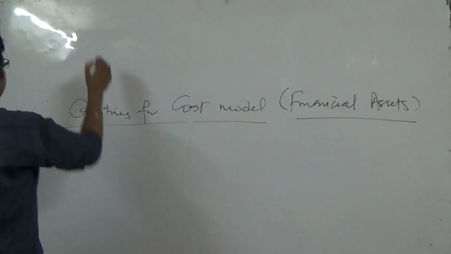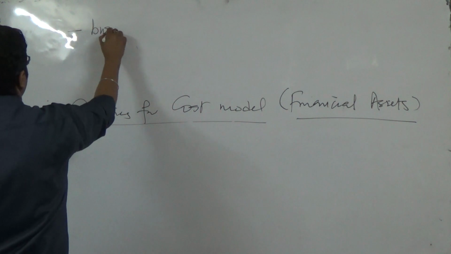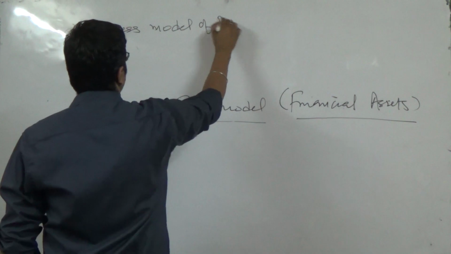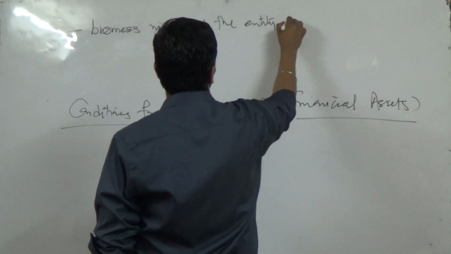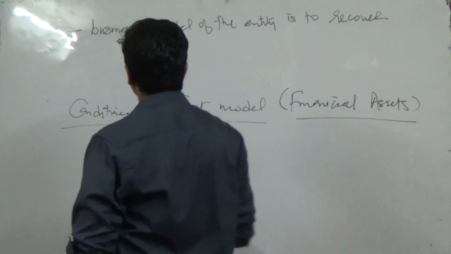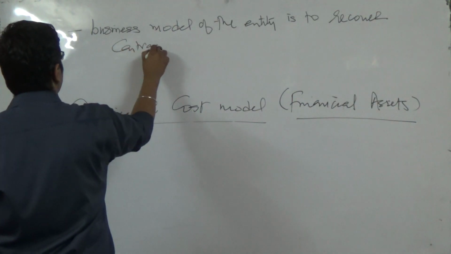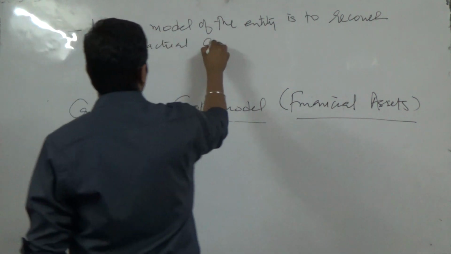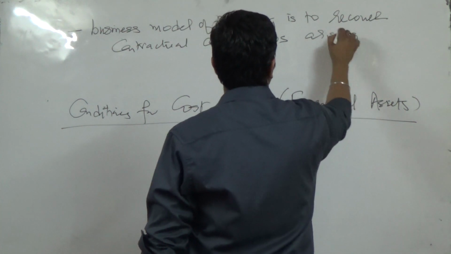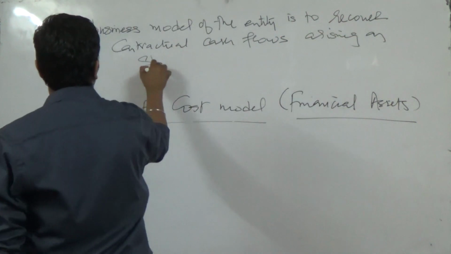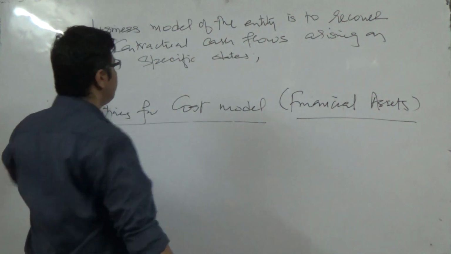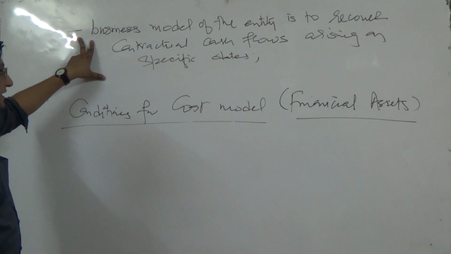The condition one is that the business model of the entity is to recover contractual cash flows arising on specific dates. We're going to talk about that as well in terms of what it means.